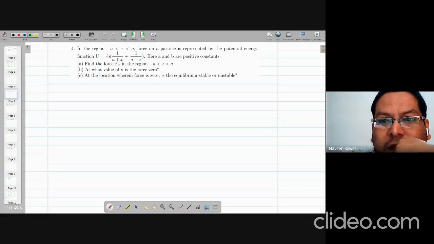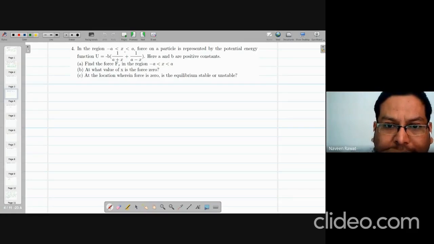Here is a situation in which you have been given your potential energy function U, and it is given that in a region of minus a to a, wherever this x is expanding, the force acting on the particle is related to this potential energy function.